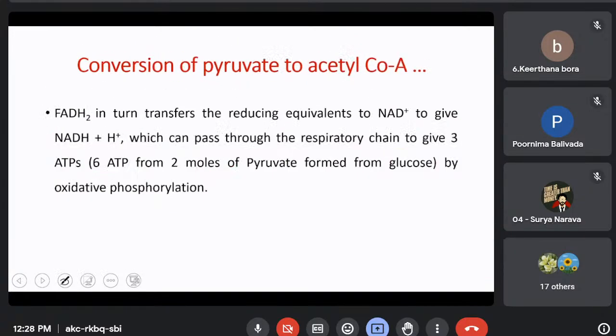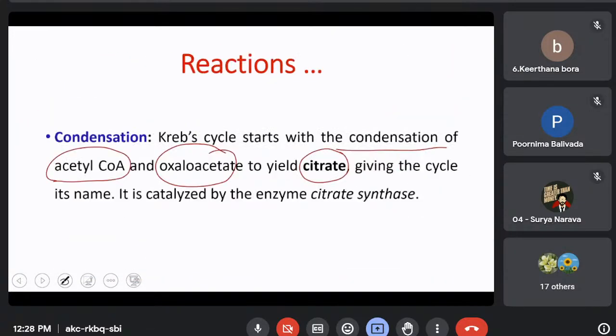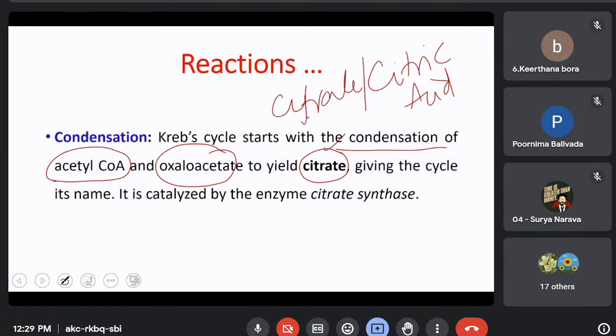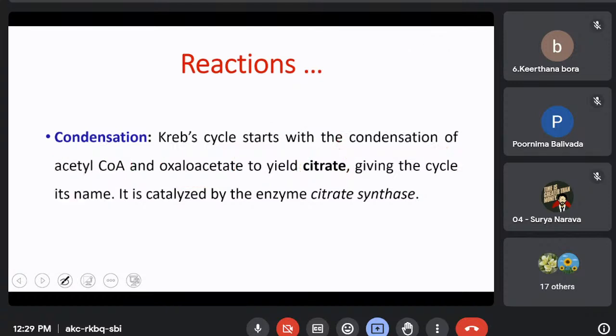So here, the first thing that is produced is citric acid. So whenever you come across pyruvic acid or citric acid, pyruvic acid can be called pyruvate and citric acid can be called citrate. So these are the alternate names. Whenever you see citrate, you can recognize it as citric acid.